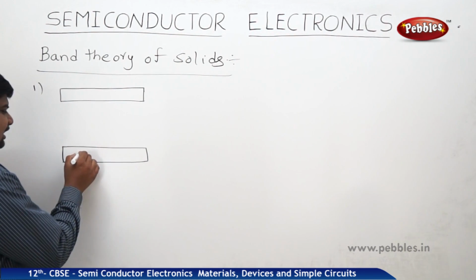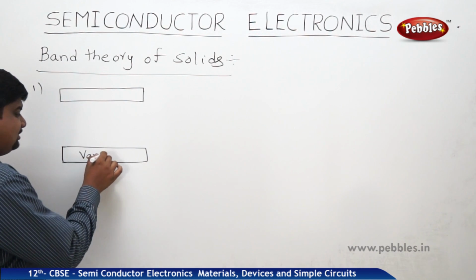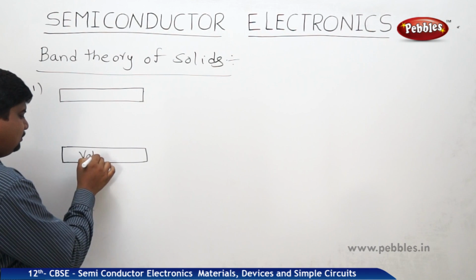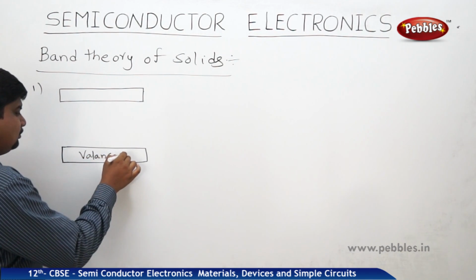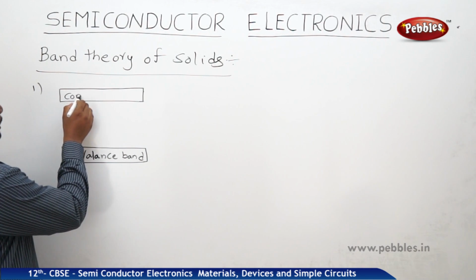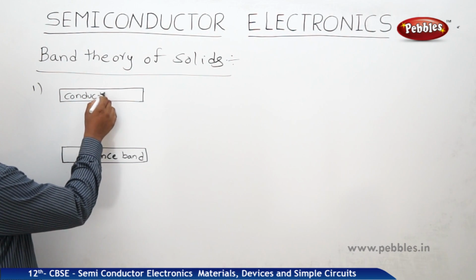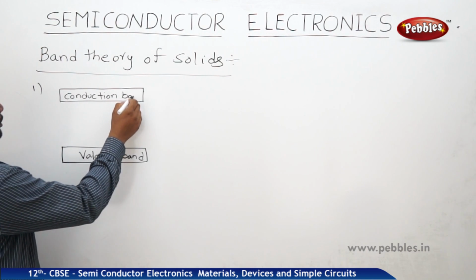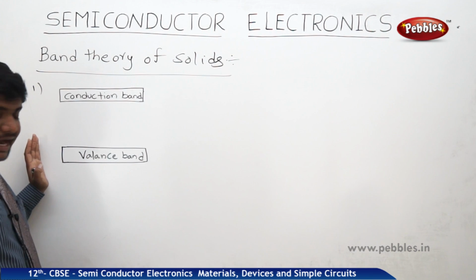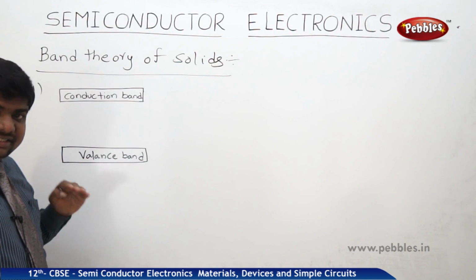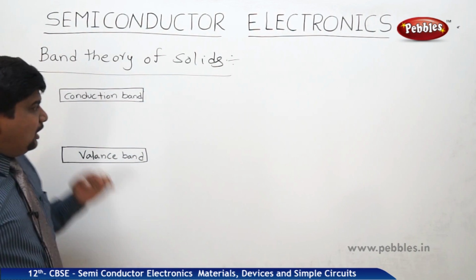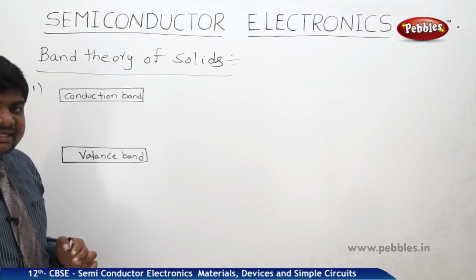This is the valence band, and this is the conduction band. So what is the meaning of valence band? It is an energy band or energy level which is filled with valence electrons. The remaining electrons are said to be conduction electrons.